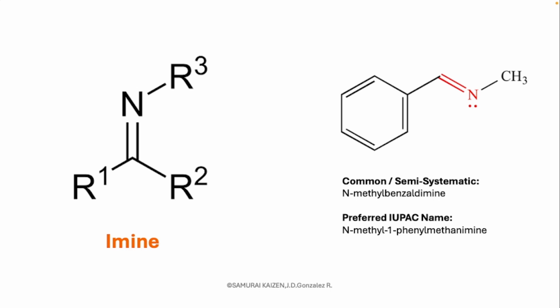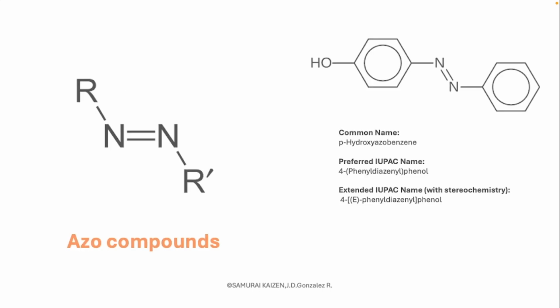And how do you read this structure from this example? This would be N-methylbenzaldimine. Next one, N-methyl-1-phenylmethanimine. Azo compounds. We have the following example, which is p-hydroxyazobenzene, also called, in the case of the IUPAC name, 4-phenyldiazenylphenol.